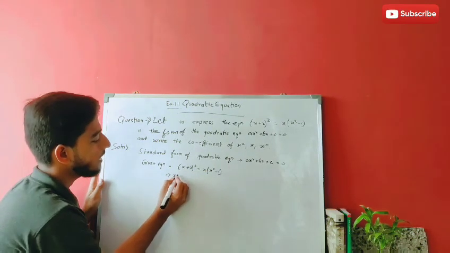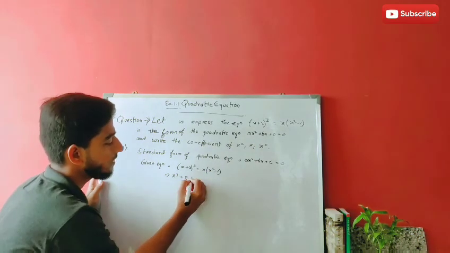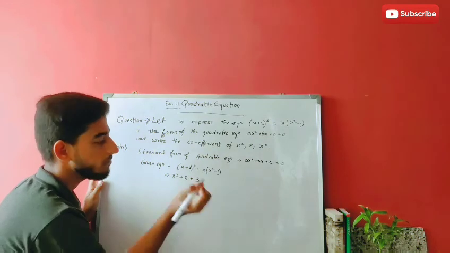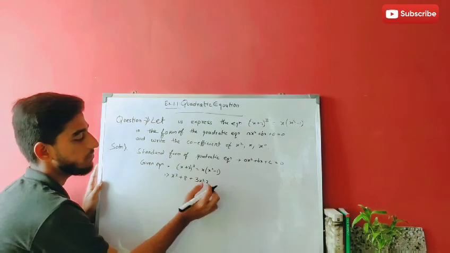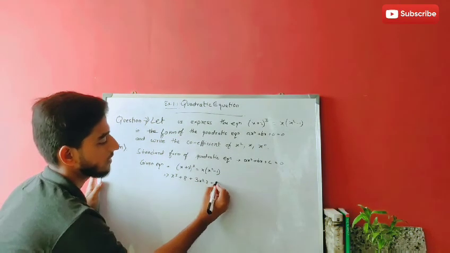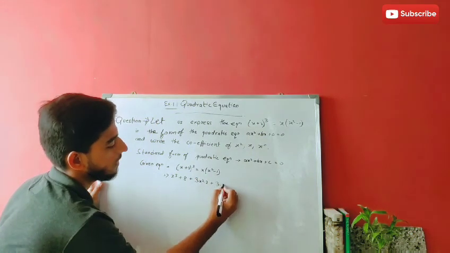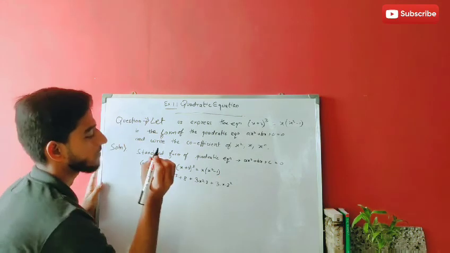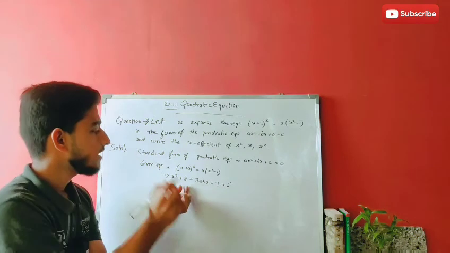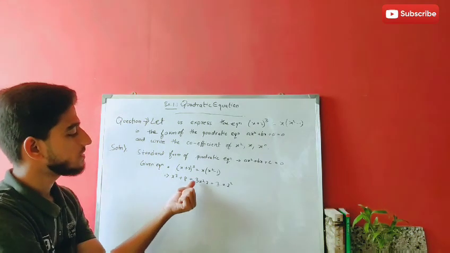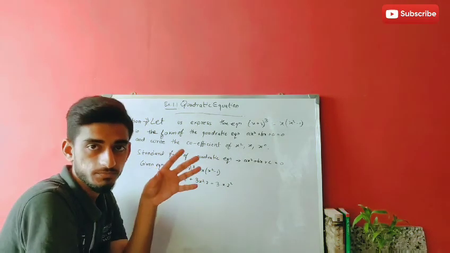So a cube plus b cube, that means x cube plus 2 cube, plus 3a square b, means 3 x square into 2, plus 3b square a, means 3 a and b square. So this is our equation, a cube plus b cube plus 3a square b plus 3ab square.